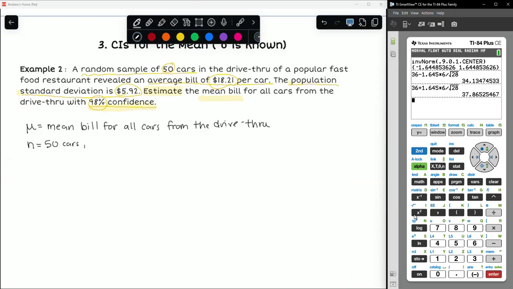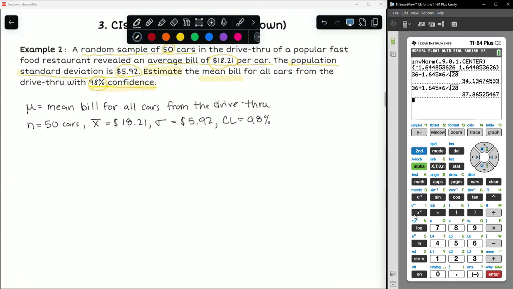I have an average bill from that sample of $18.21. I know my population standard deviation is 5.92, and my confidence level is 98. Again, I have sigma, I'm estimating mu, so this is a z interval for a mean.